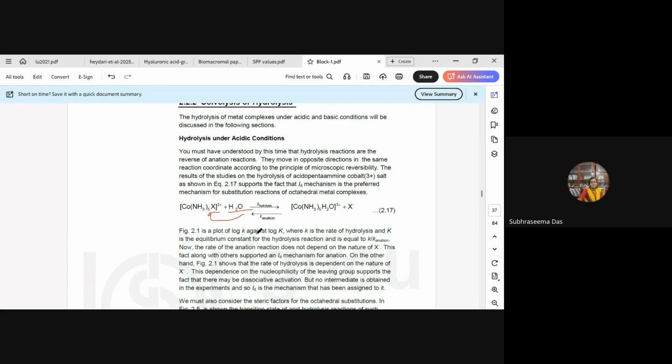The addition of X minus would be the anation reaction, but in equation 2.17 there is addition of water. So X minus goes out, and this is the reverse of the addition reaction. And particularly for such reactions, the Id mechanism, that is the interchange dissociative mechanism, is preferred.